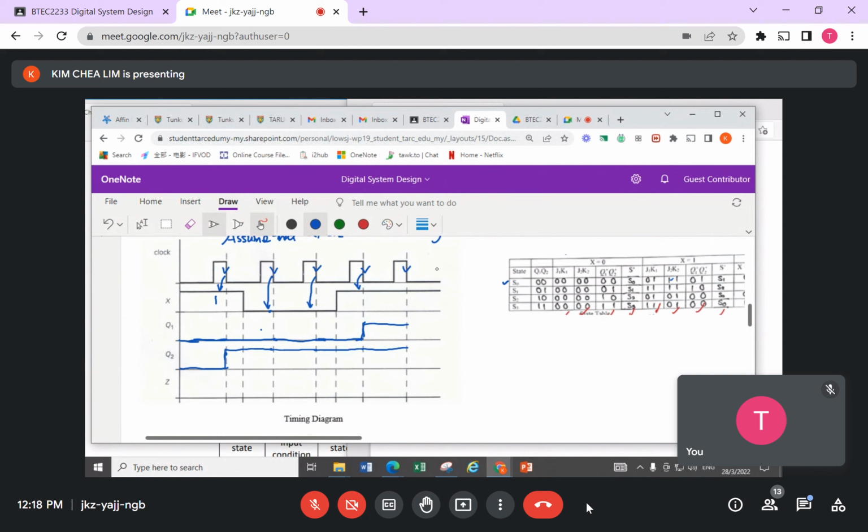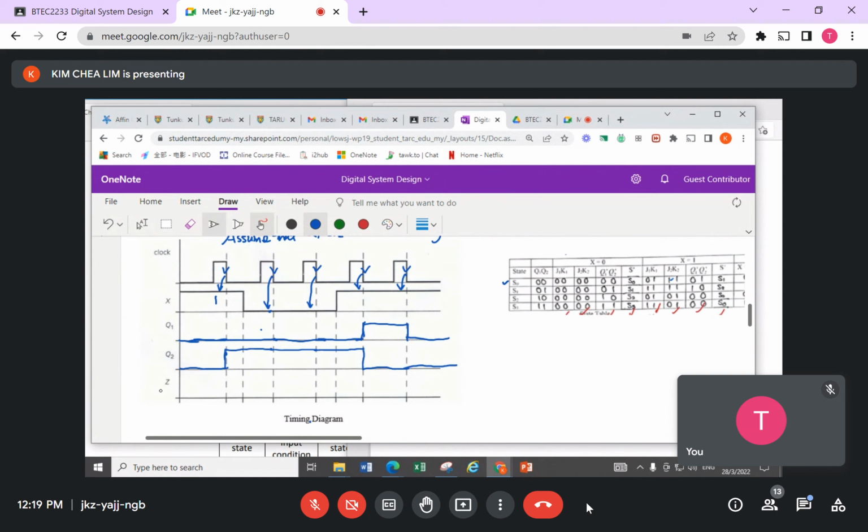This is the 1, 0. Then check again. I'm now at 1, 0, and X is a 1 comes in. Where do I go? I go to 0, 0. So this is the waveform for my next state.